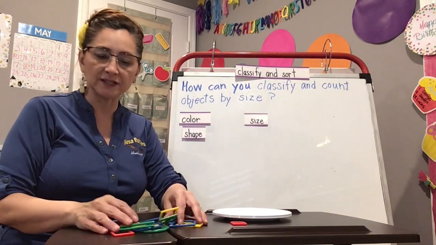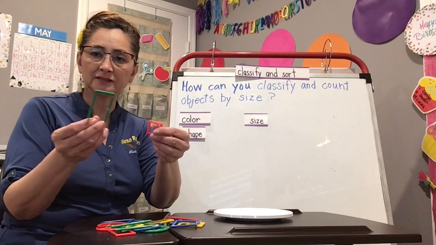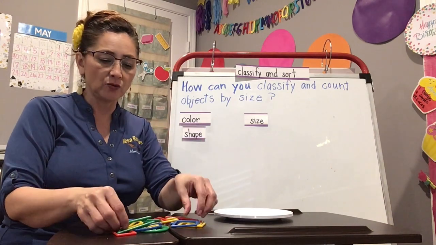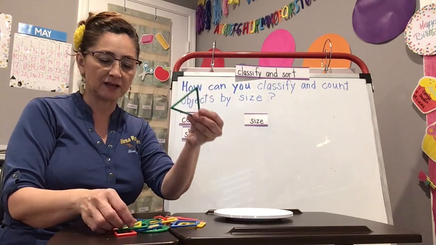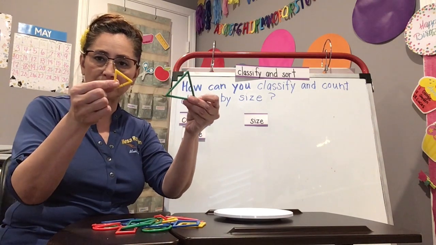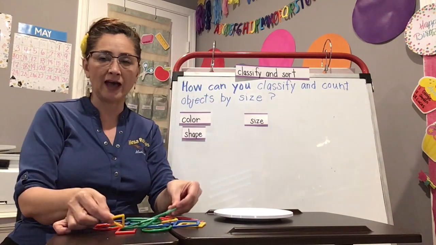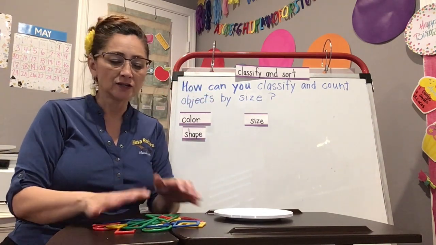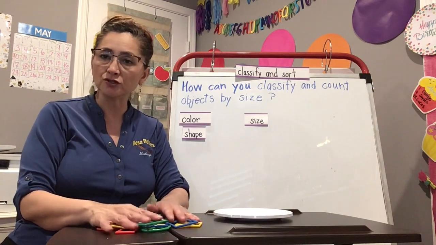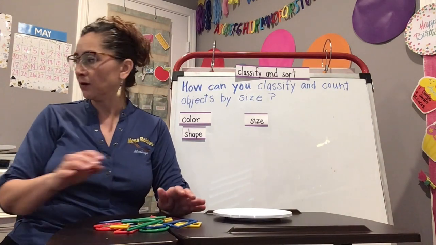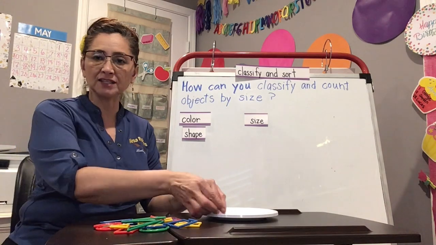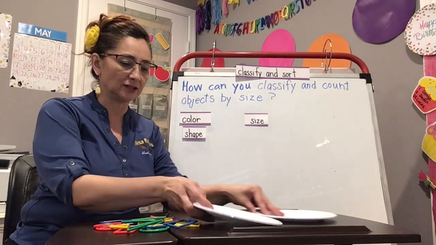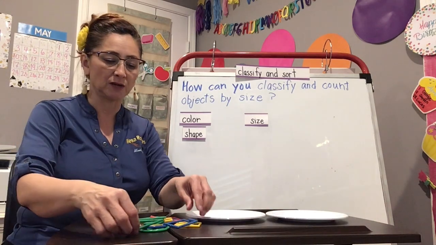Do we have different size of shapes here? Yes, that's right. We have big shapes and we have little shapes. So we know that we could probably sort these shapes into two groups. Maybe we could do the big shapes and the little shapes, or the big shapes and the small shapes.